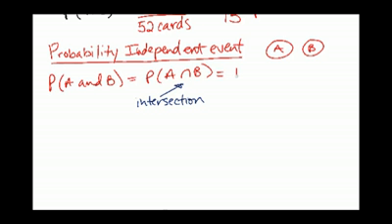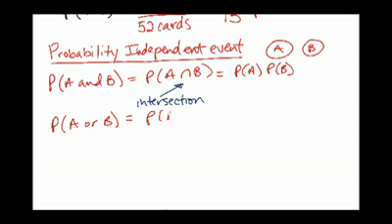It would be the product of the two probabilities. And then probability of A or B would be the sum of the two probabilities.